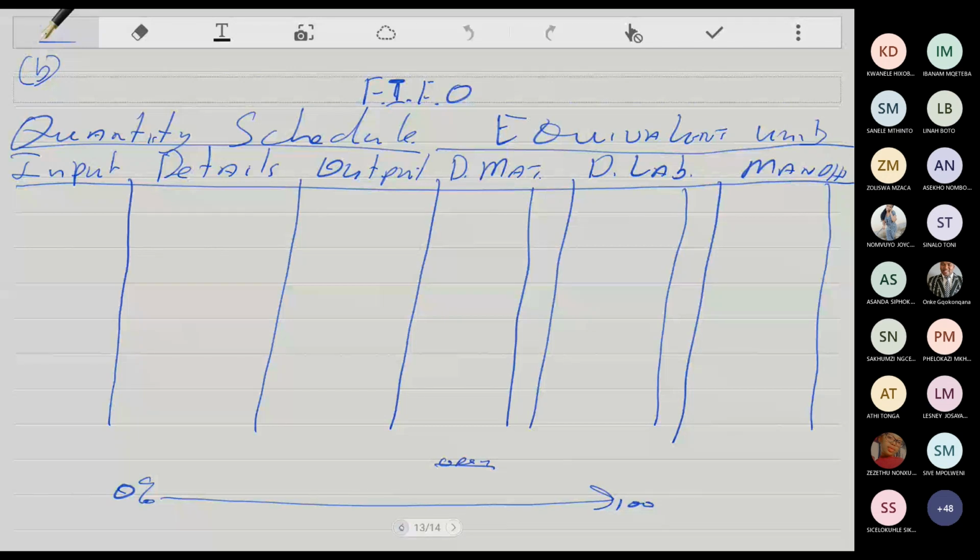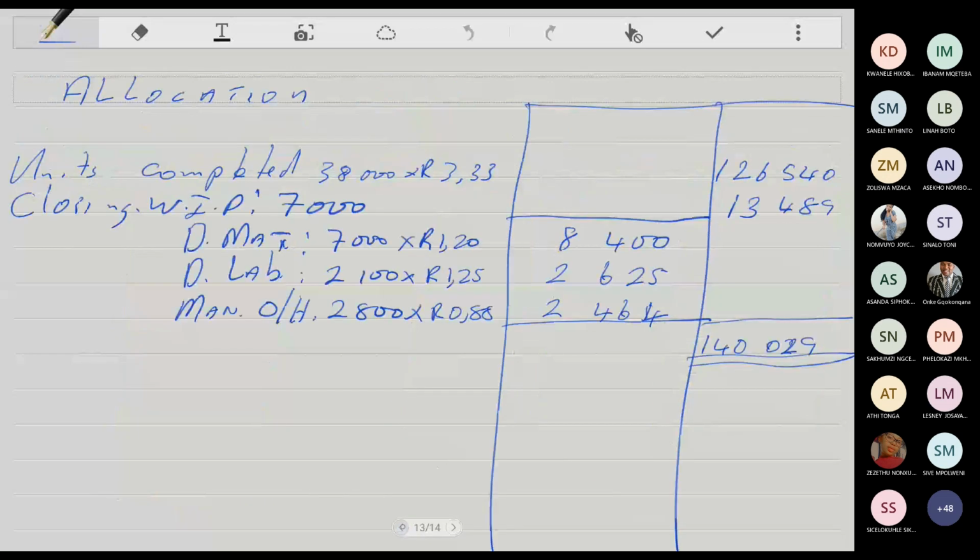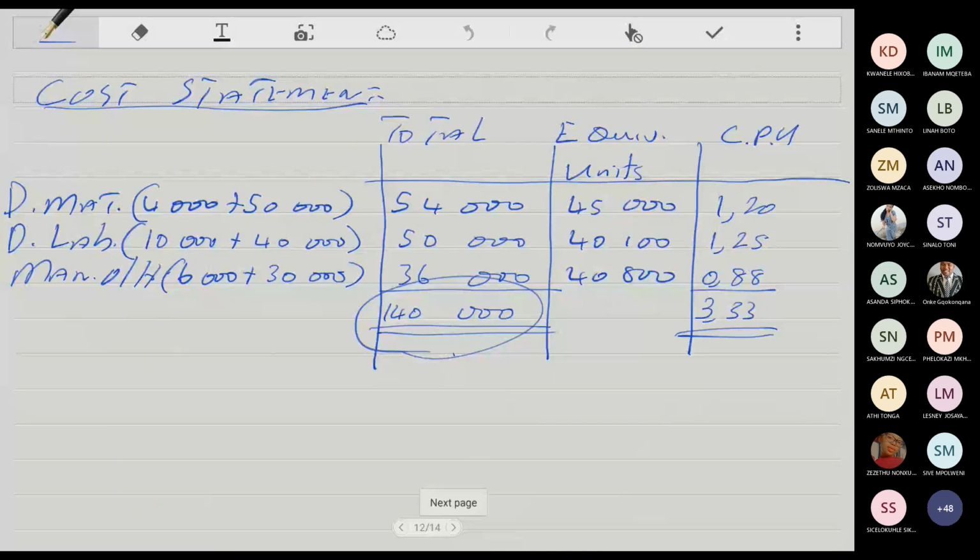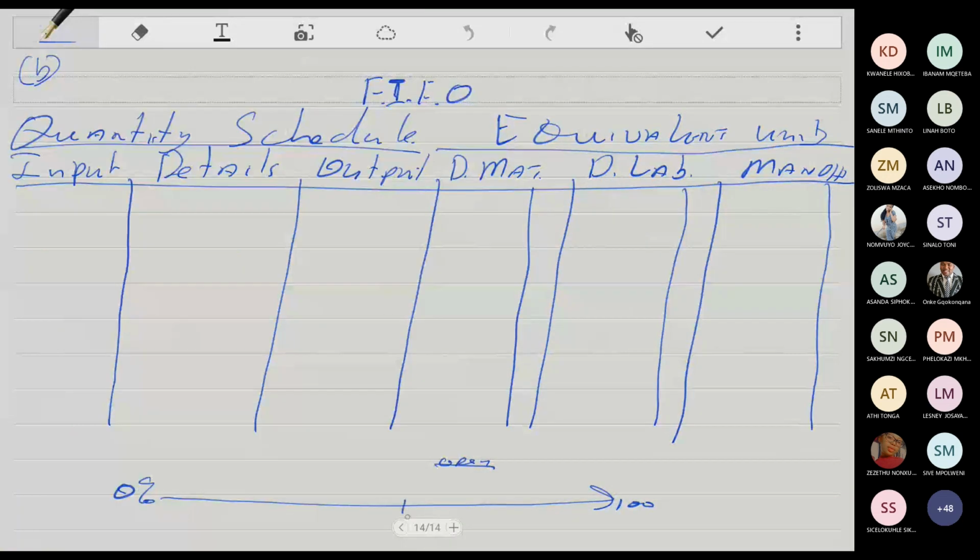Quickly go and check here: 5,000 units, 50 and 60%. So we've got this opening of 5,000 units, and we receive the new units of 40,000 at the beginning. Then again, we've got a closing that we know is sitting between 30 and 40%.